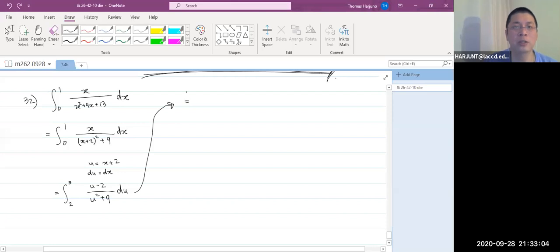To integrate this, I think I will split them. That's the integral from 2 to 3 of u over u squared plus 9 du, minus the integral from 2 to 3 of 2 over u squared plus 9.